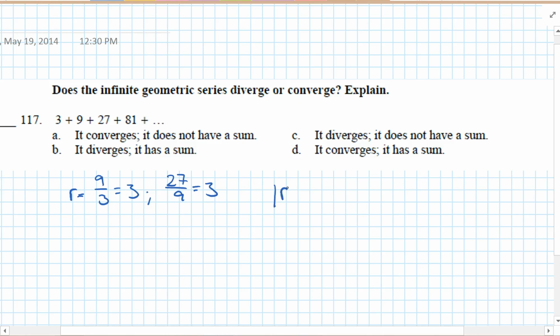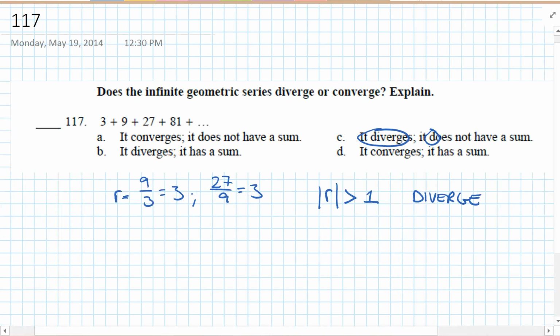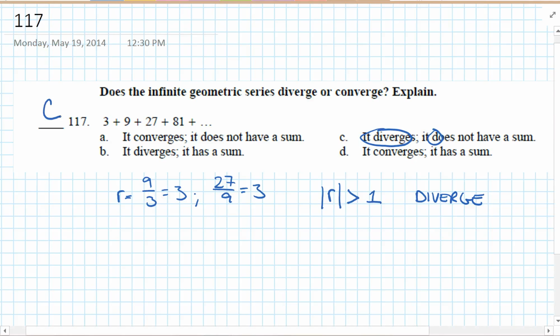Since my r value is greater than 1, it must diverge. It's exponential growth. A diverging series does not have a sum. So the answer is C.